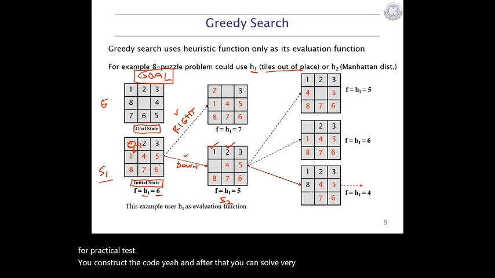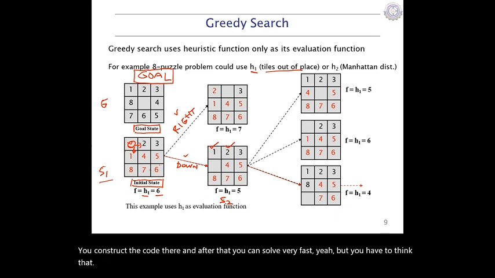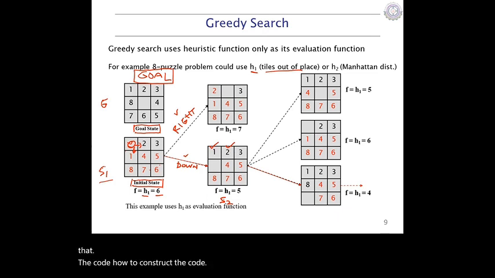But you have to think how to construct the code. All right. So now tile number three. Tile number three here, is it in the right place according to the goal or not?